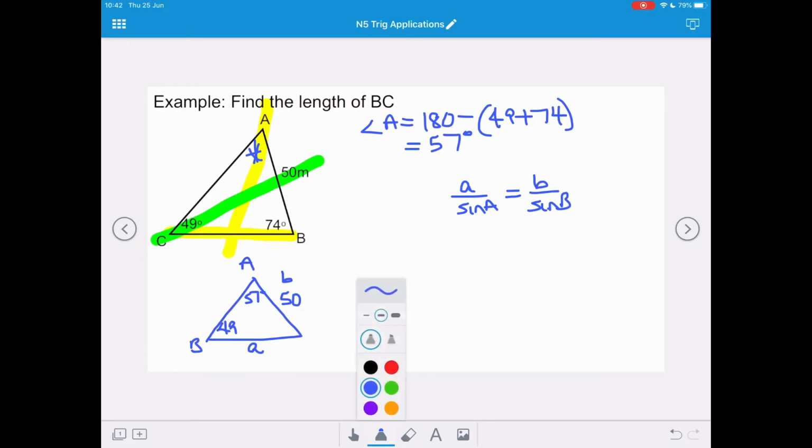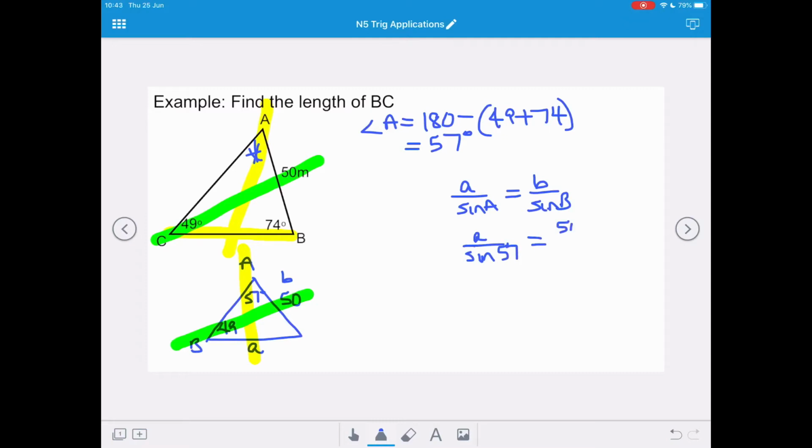And we're going to substitute that into the formula. So our a over sine A and b over sine B is going to give us a over the sine of 57, and that's going to equal 50 over the sine of 49.